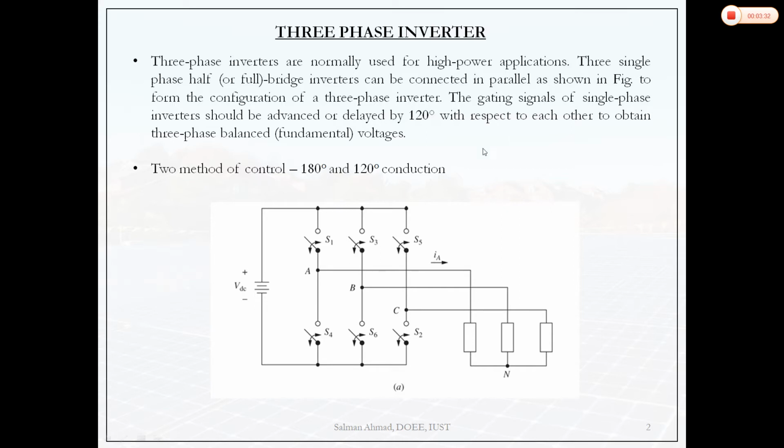So we can have the load connected in star winding or in delta winding if we are using a voltage source inverter for induction motor drives. Normally there are two methods of conduction in your syllabus: one is 180-degree conduction mode, another is 120-degree conduction mode. These two methods I will discuss in detail in this lecture.